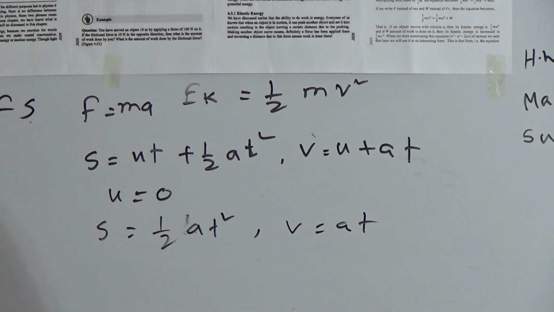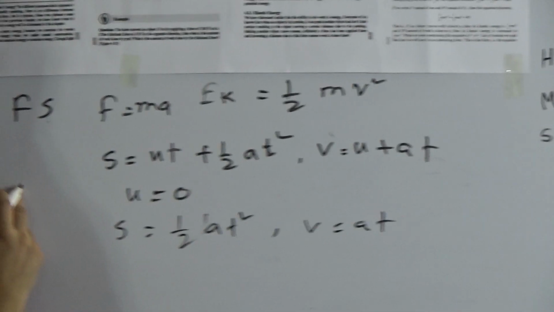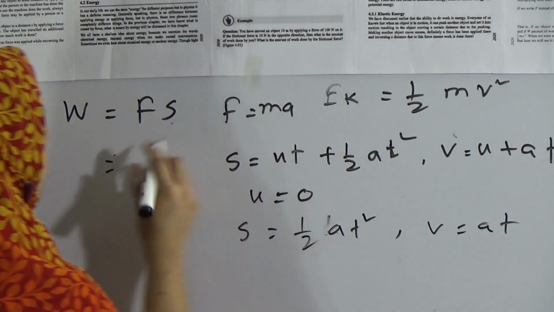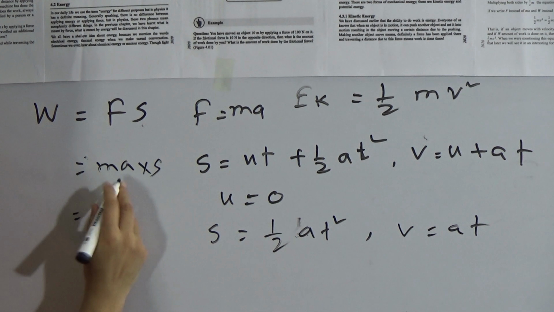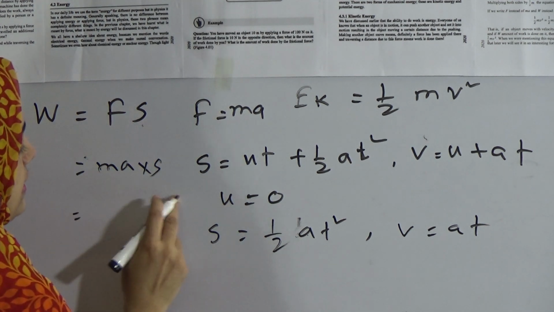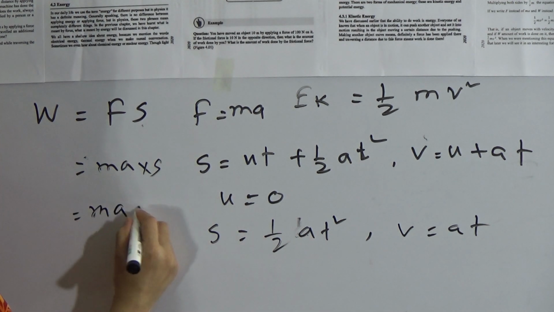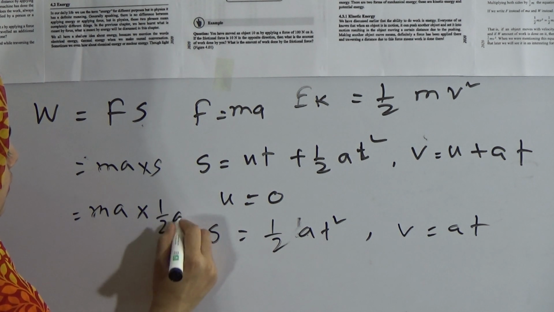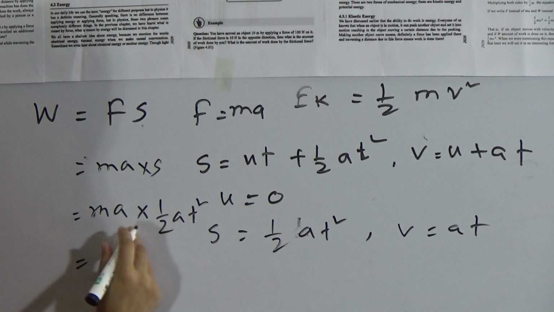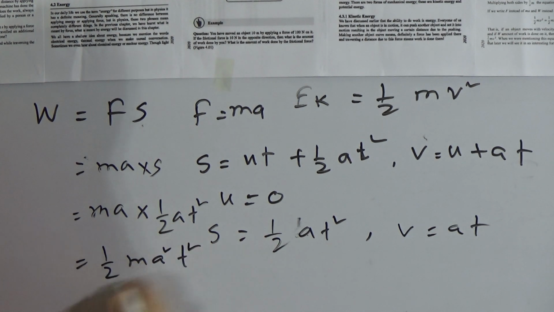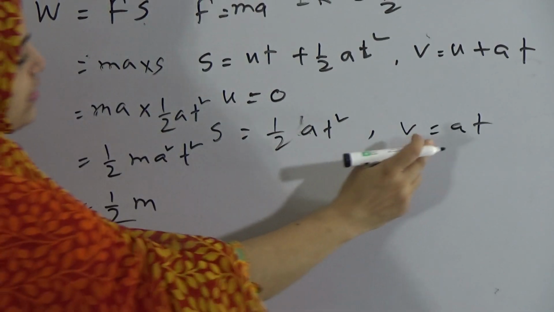Now we will use these formulas here. Okay, so F means ma into s. Here s means half at². So see here, half m a² t². Here half m, and at means v, since v equals at.